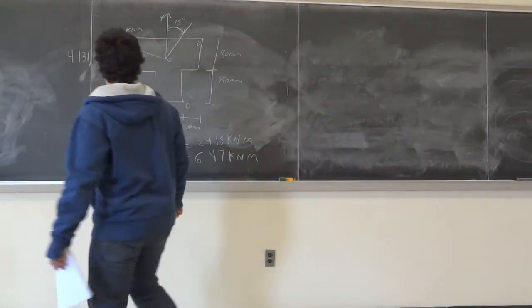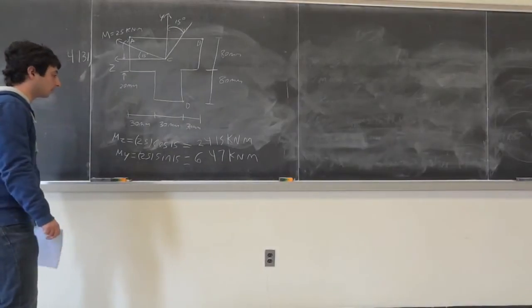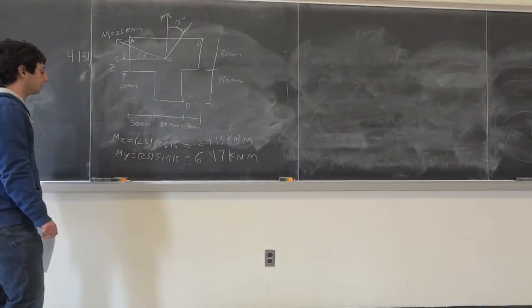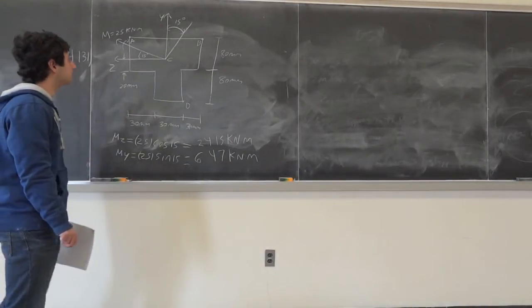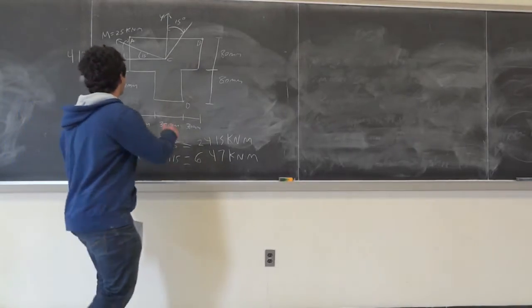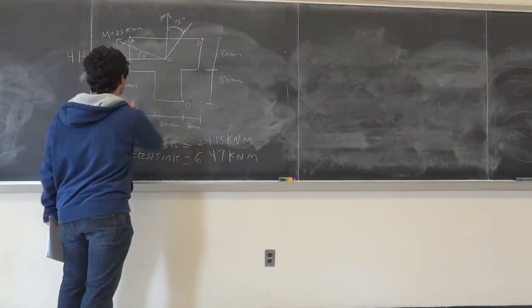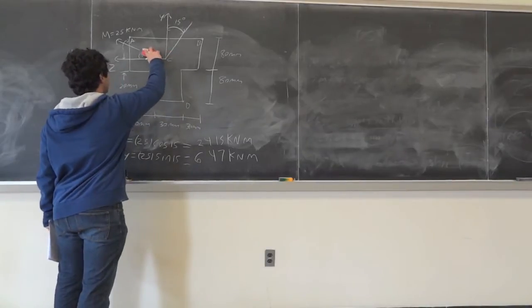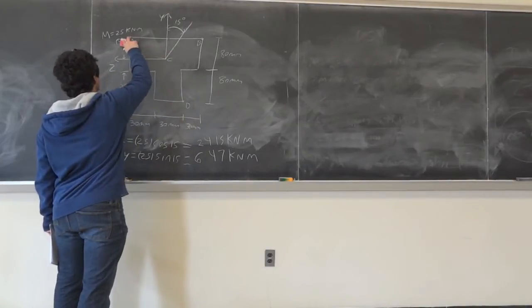Okay. All right. So now we have the components, the moments around the z-axis and y-axis. So now I'm going to erase this instead of redrawing it. Now we have it in terms of its components.